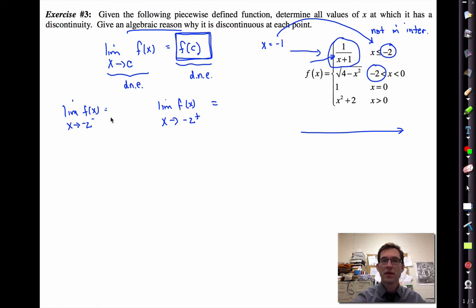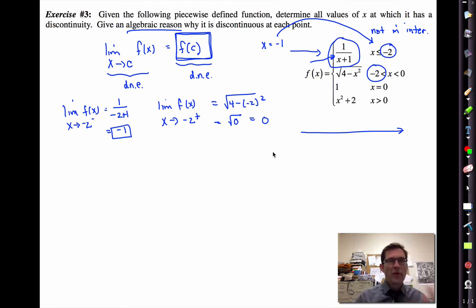So that ends up being 1 divided by -2 plus 1, and that gives me a value of -1. On the other hand, as I come in to -2 from the right, I'm on this formula, and there I'm going to get the square root of 4 minus -2 squared. That's the square root of 0, and that's going to be 0. And that is defined there. It truly is 0.